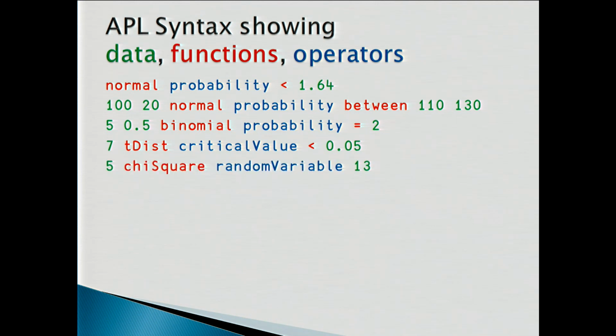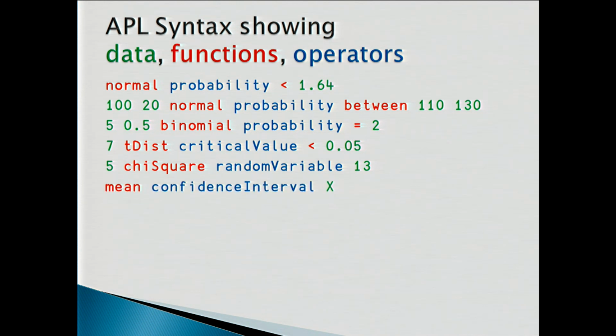You can also generate random variables for simulation. If I want a chi-square random variable with 5 degrees of freedom, and I want to generate 13 random variables from that distribution, I can use that notation. You can see that some of these are dyadic operators, and some of these are monadic operators.